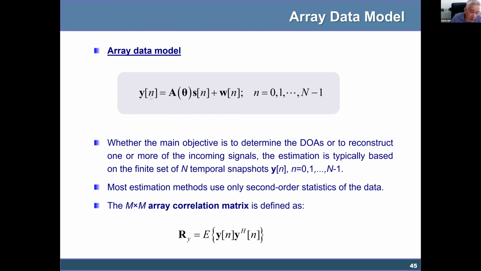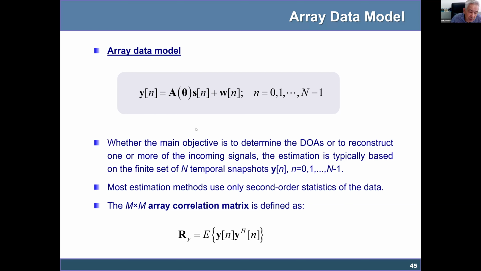And for each time n, it can be expressed as the product of the steering matrix multiplied by the k-dimensional vector that contains the signals generated by the k sources plus additive disturbance, which can be thermal noise, but also clutter and interference. And typically, we observe the signal over the observation interval, and we collect n, capital N, temporal snapshots.